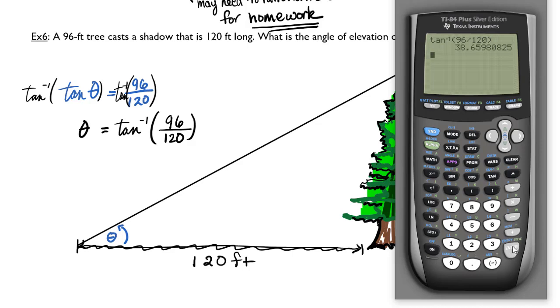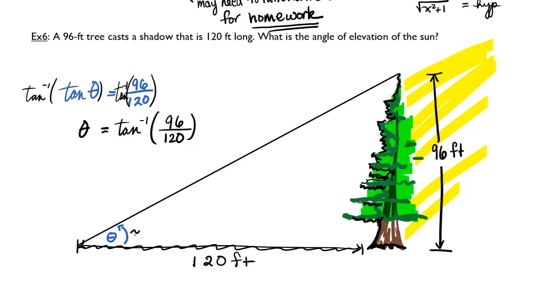And you get 38.659. We're just going to go ahead and round that up to 39 degrees. This is a beautiful example of how you can solve for the angle now using an inverse trig function.